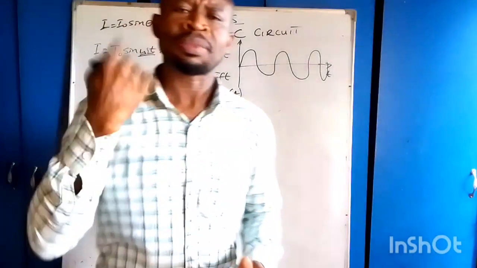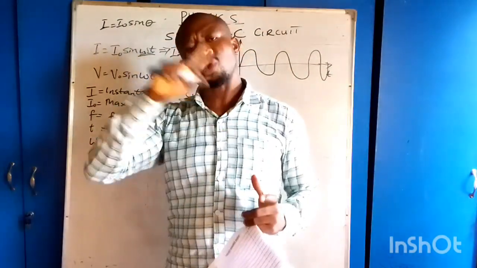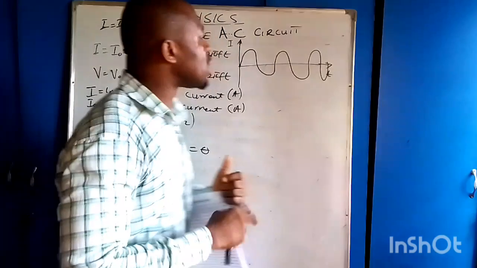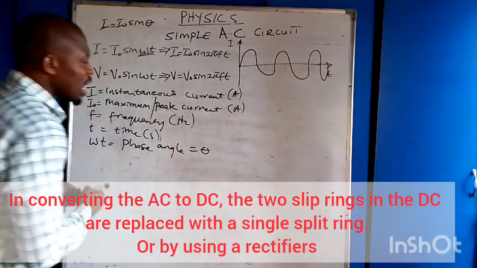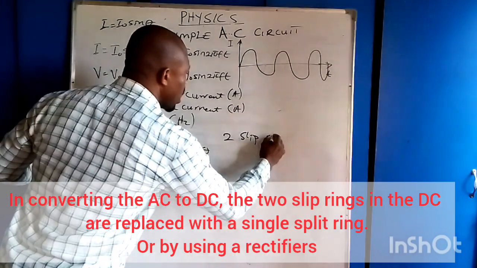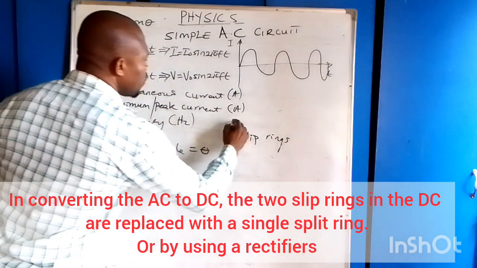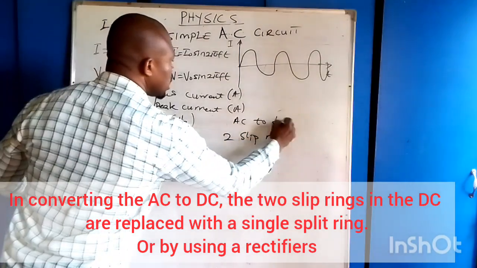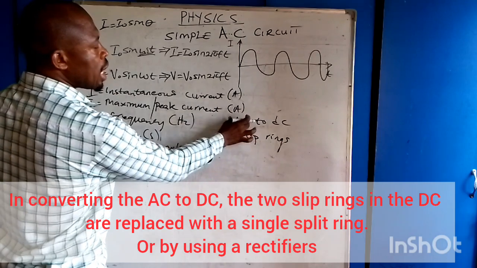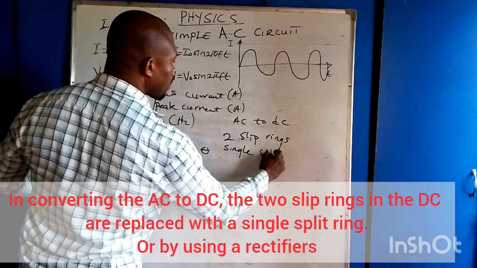Now we can also have that this alternating current can be converted to direct current. How do we convert them to direct current? By using a device. Now an alternating current generator has two slip rings. If you want to convert it from AC to DC, all you need to do is replace these two slip rings that the AC had with a single split ring.